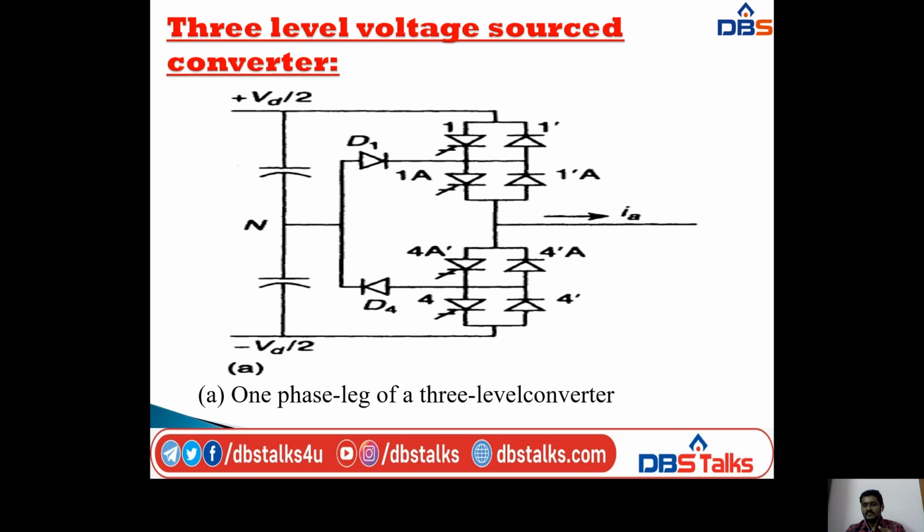The first half consists of a thyristor and diode combination, namely 4A dash and 4 dash A. In the second half we have two components, also named 4 and 4 dash, and each half in both converters consists of two diodes, namely D1 and D4.